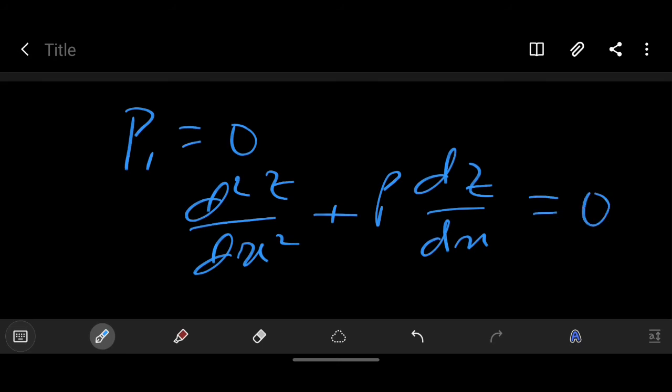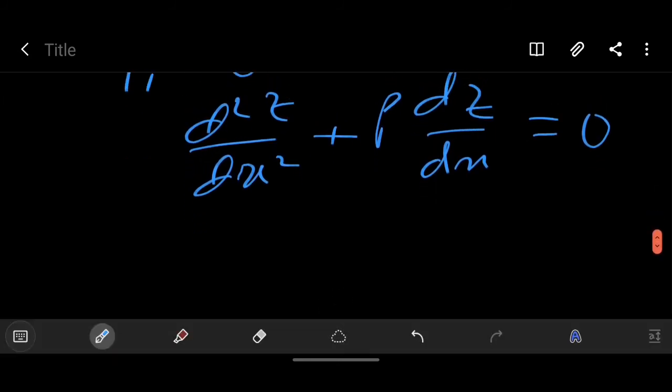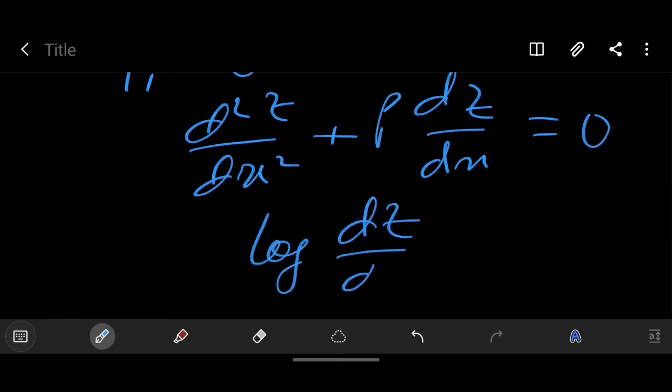So the denominator, we cancel it out. If this is the case, then dividing by dz/dx, we will get log of dz/dx equal to minus the integral of p dx.